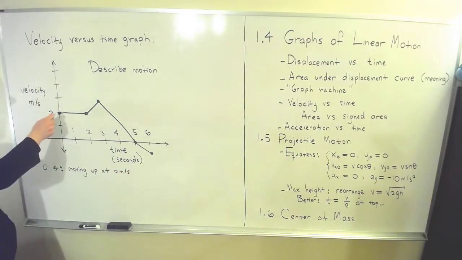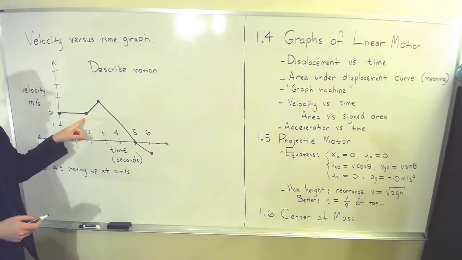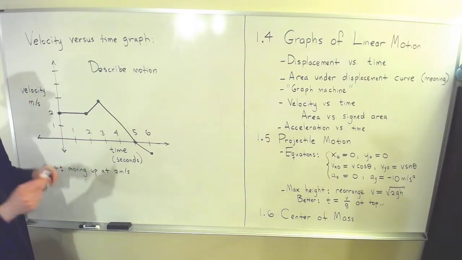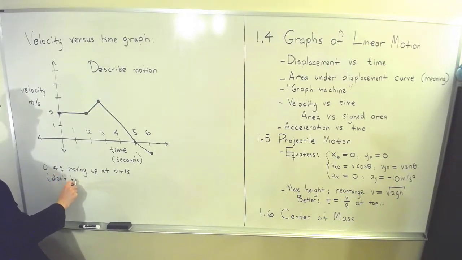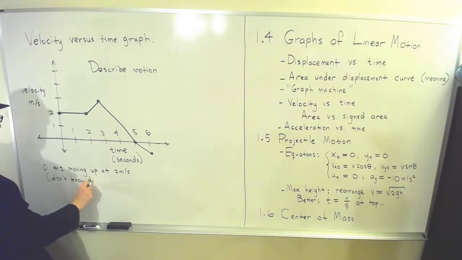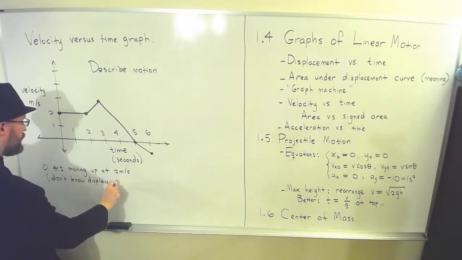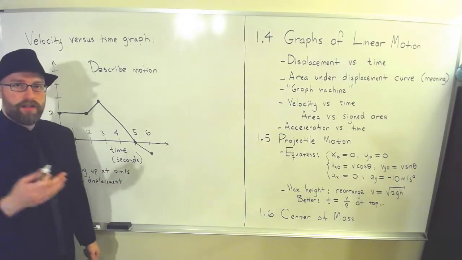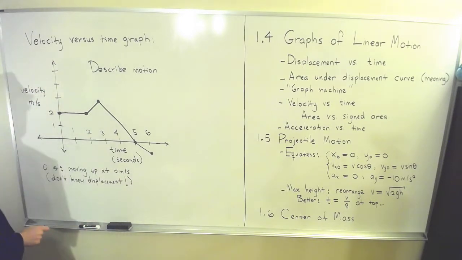Now, we don't know where it starts. This velocity graph can't tell you that. It just tells you velocity. It doesn't tell you position. So we don't know the position, or displacement rather, it means the same thing. We just know how the displacement is changing. That's all we know about this.